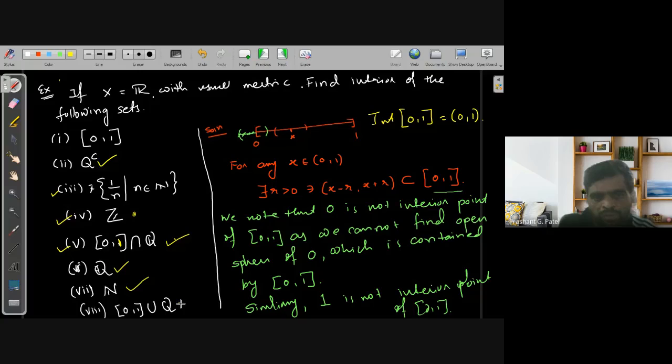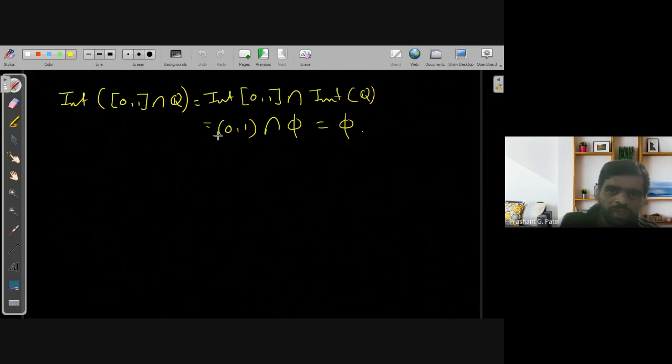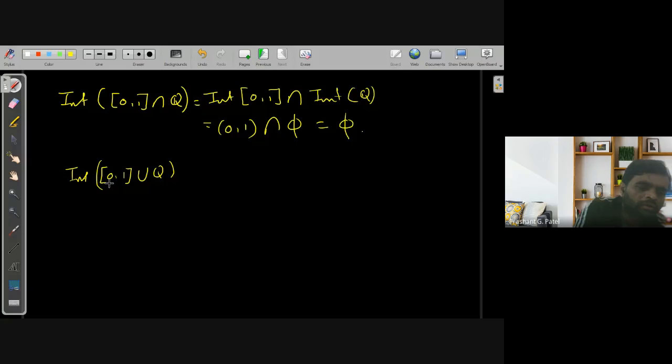What about the last example? That is a union, and in the union there will be no equalities there. So you cannot use the argument which we have used here.